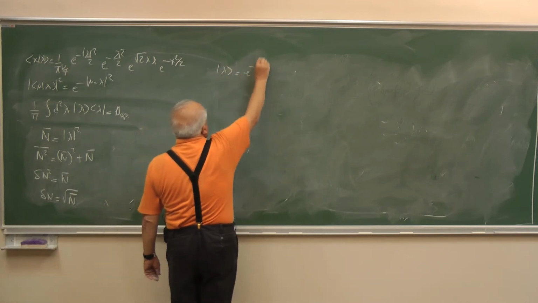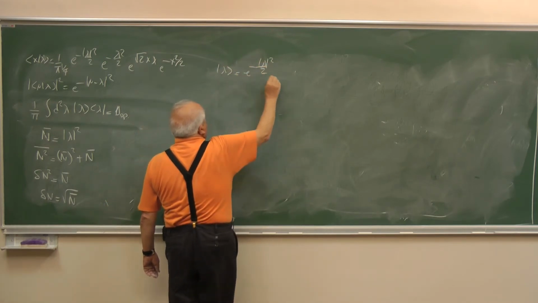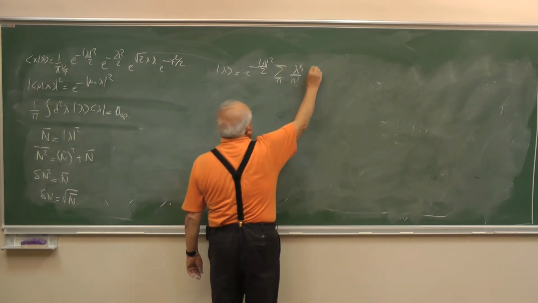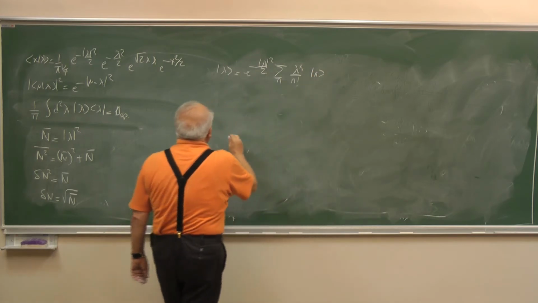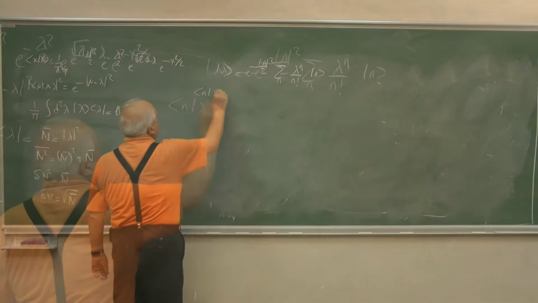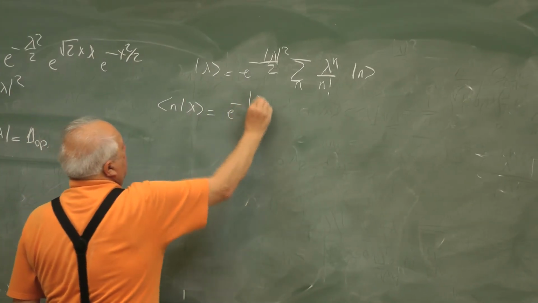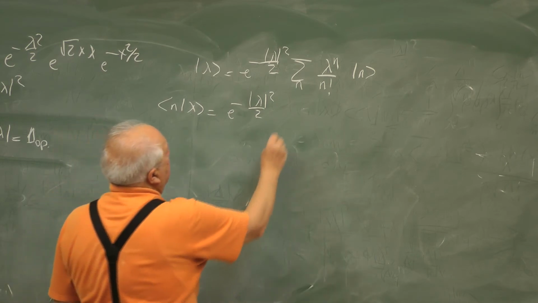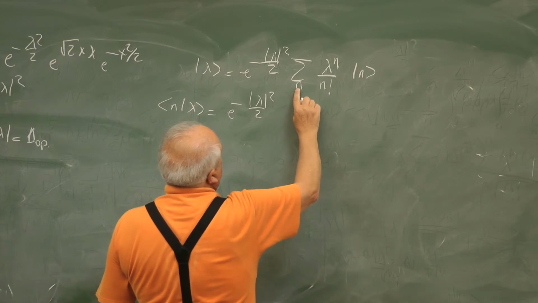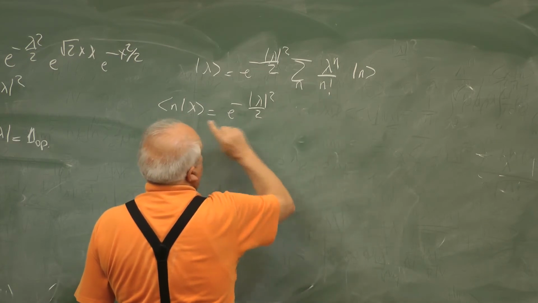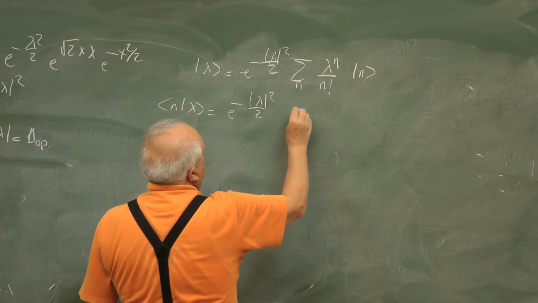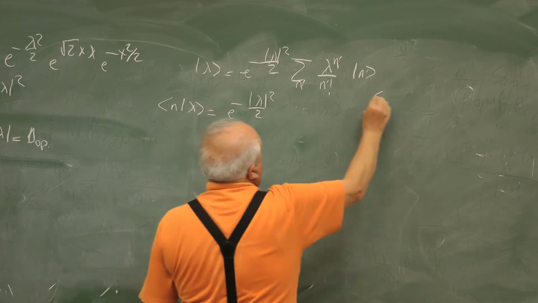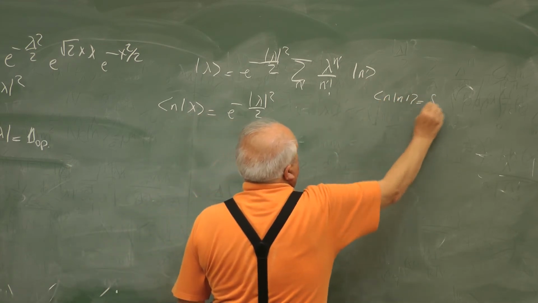The state lambda is e to the minus lambda square over 2, sum over n, lambda to the n over root n factorial, times |n>, sum over n. Therefore, <n|lambda> is e to the minus lambda square over 2. It will pick from this sum only the n term, since <n'|n> is equal to delta n' n.